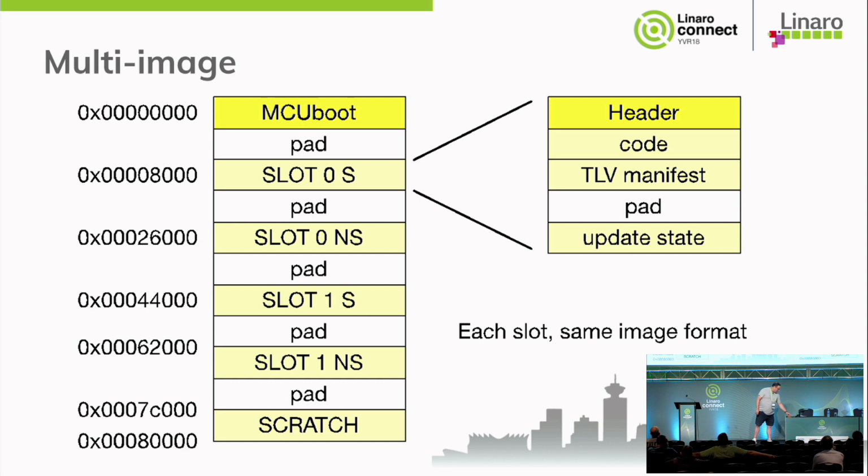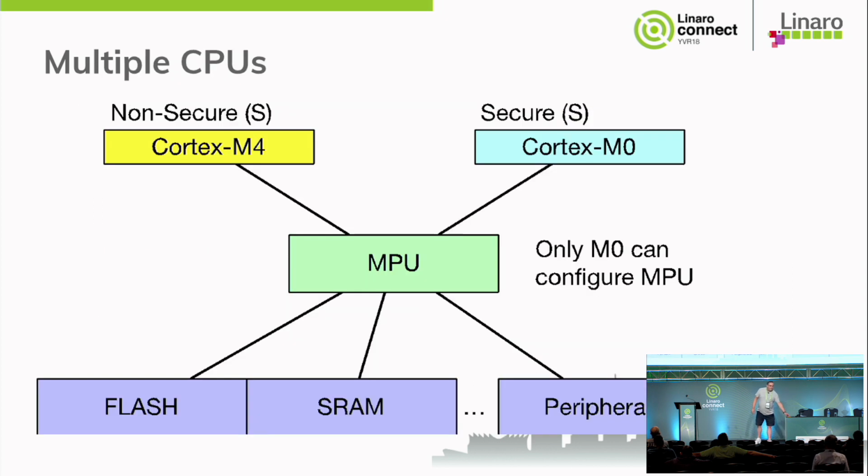And what I mean by contexts, a really simple example is multiple CPUs. This is a very rough diagram of the PSOC 6 device. We have two CPUs. They both share the same peripheral space, memory, flash, and there's an MPU in there that can be configured.